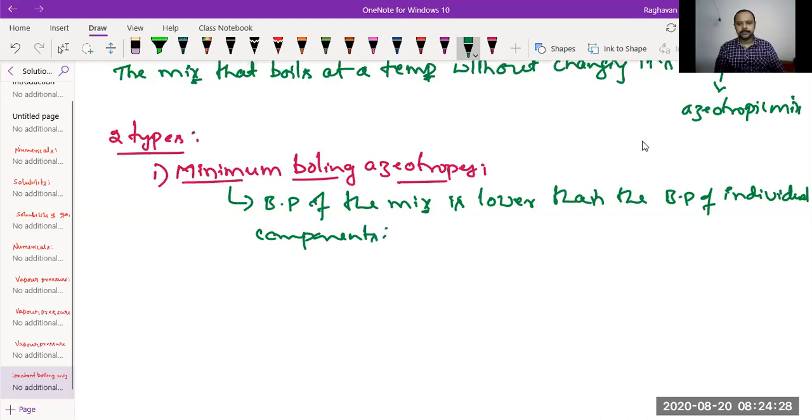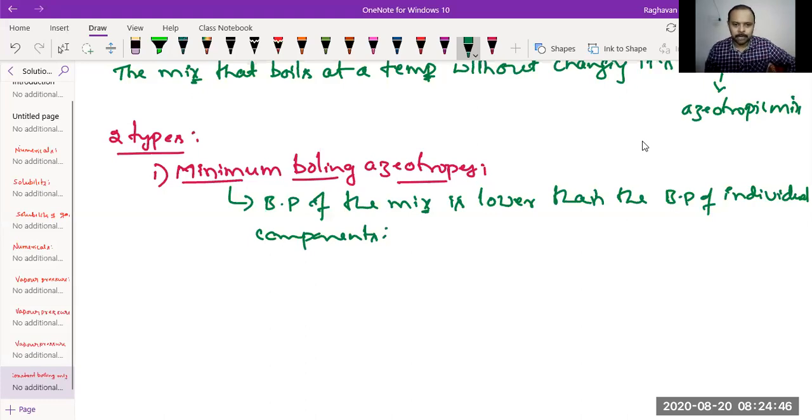That means the mixture boils at a lower temperature than the boiling point of each component. Now, generally, we have seen positively deviating solutions, negatively deviating solutions. What kind of liquid mixtures can set examples of this category?